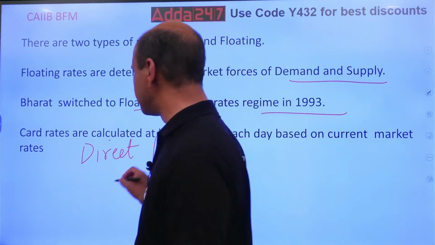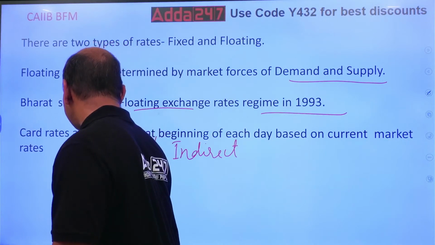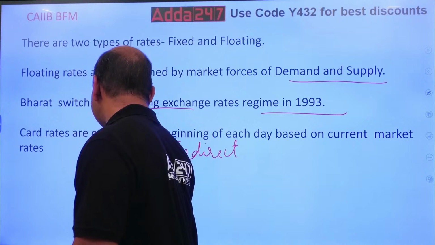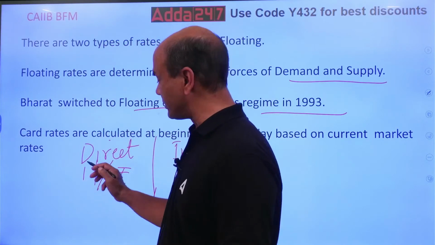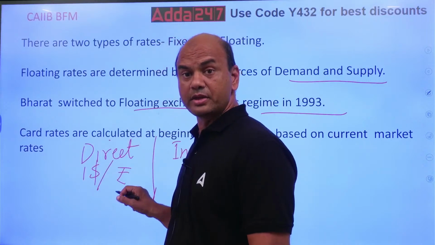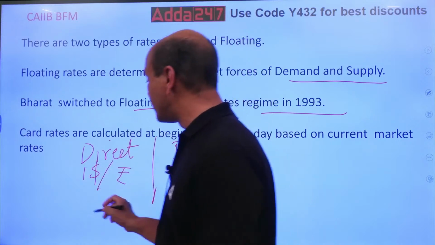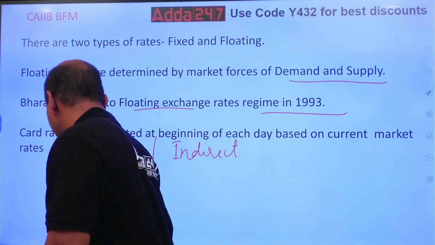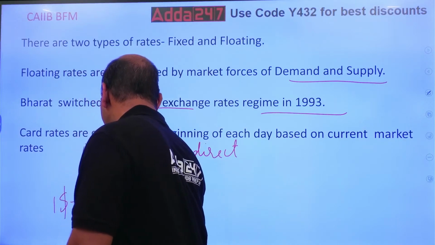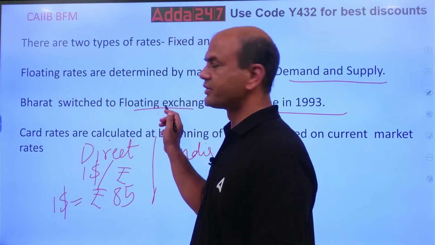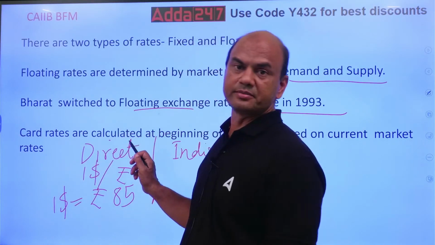Whenever I say $1 equals some rupees, whenever the dollar is above and the rupees are below in the denominator, then it's called the direct rate. Or you can say $1 equals, let's say, rupees 85. So who is floating? This 85 rate is floating. So that is called the direct rate. We are following this rate system.